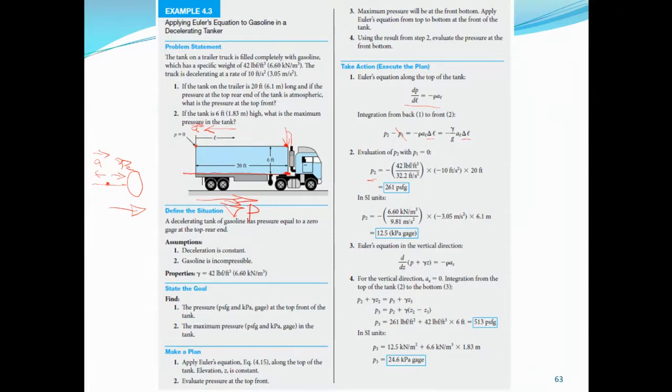Now, what about the pressure at the bottom? Here we also apply Euler's equation in the vertical direction. So here we use dz, whereas before we used dl. For the vertical direction, in this case, because the tank is horizontal, Az is equal to 0.